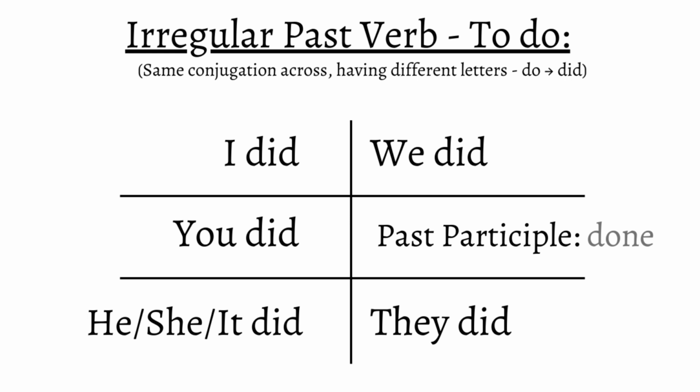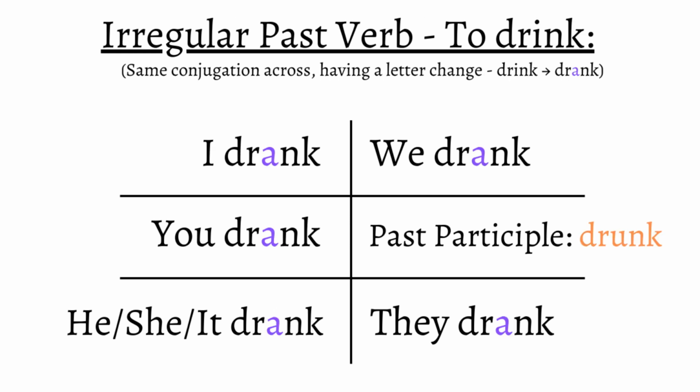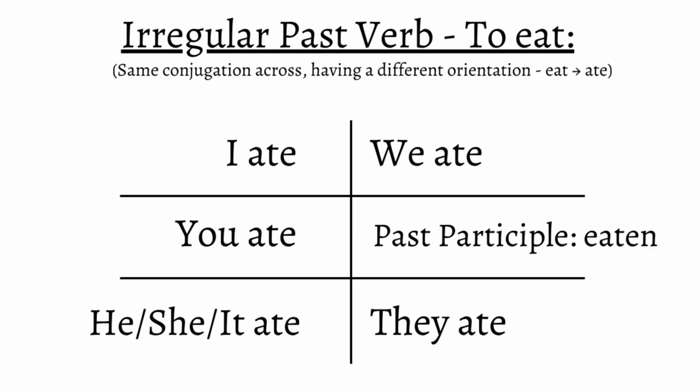Then we have to do in the past simple. Did. Its past participle is done. Then we have to drink in the past simple. Drank. We have a letter change and its past participle has a different letter change. Drunk. Then we have to eat in the past simple.